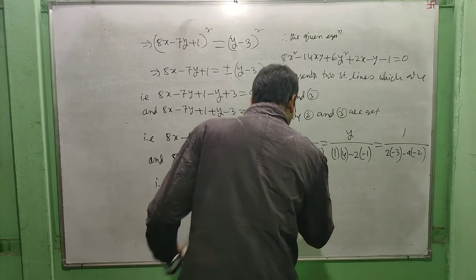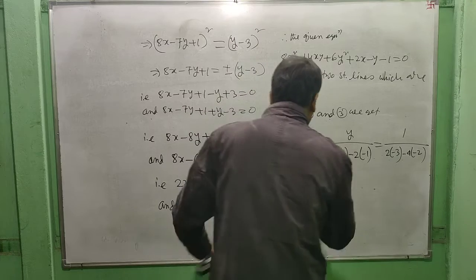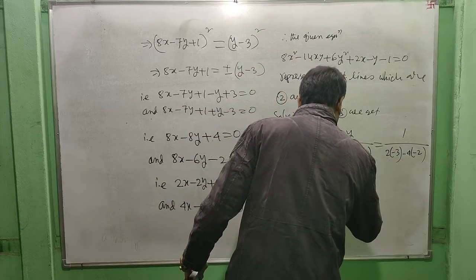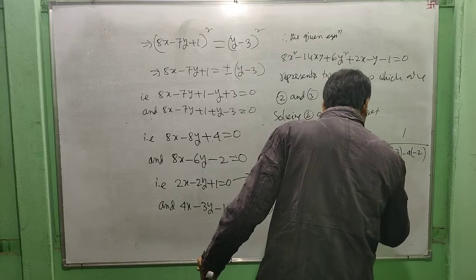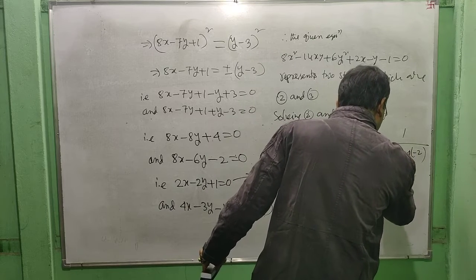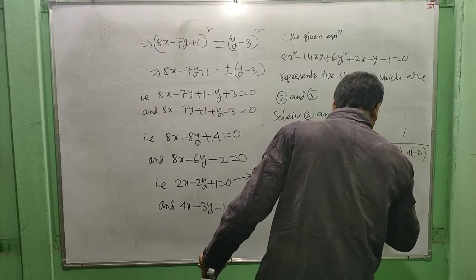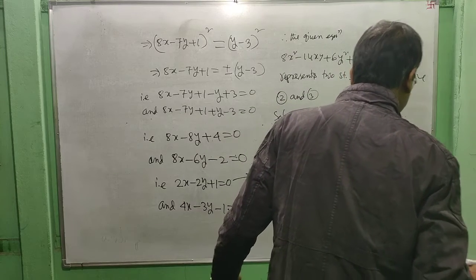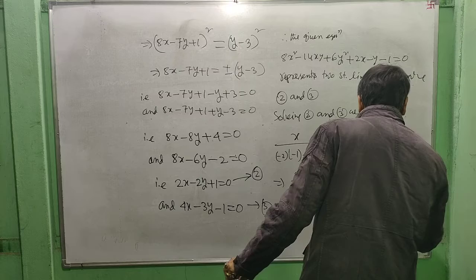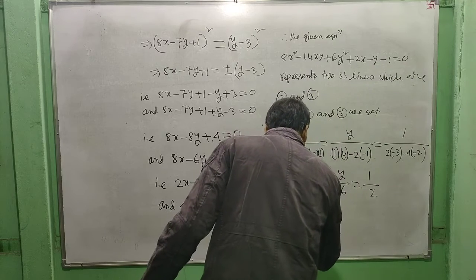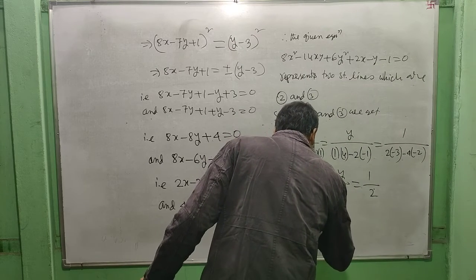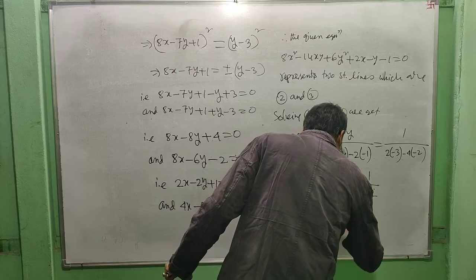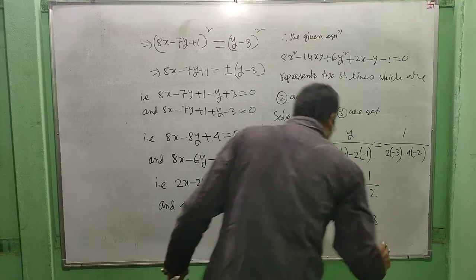This means x divided by 2 plus 3 equals 5, y by 4 plus 2 equals 6, 1 by minus 6 plus 8 equals 2. This means x equal to 5 by 2, y equal to 6 by 2 equal to 3.